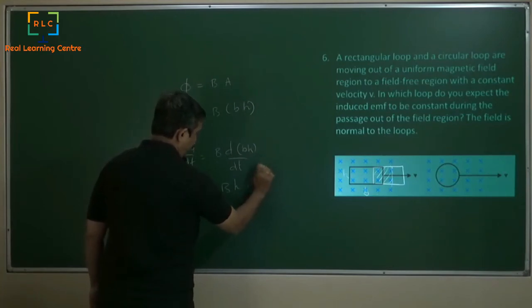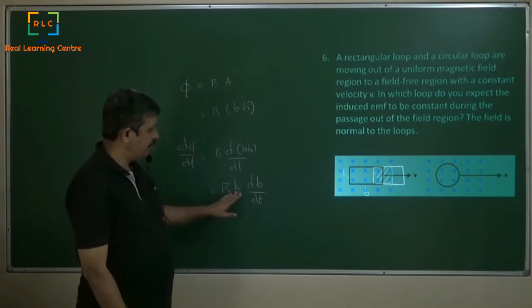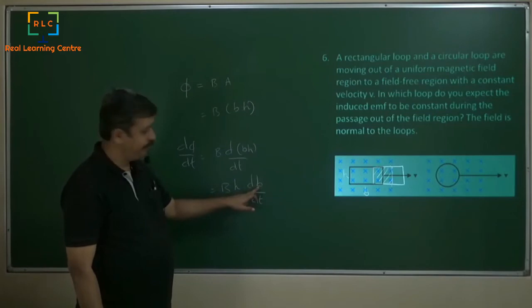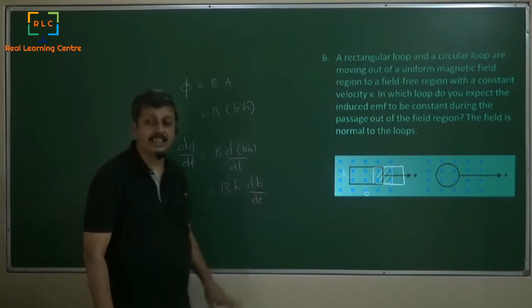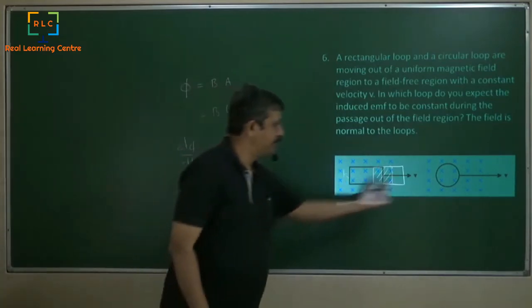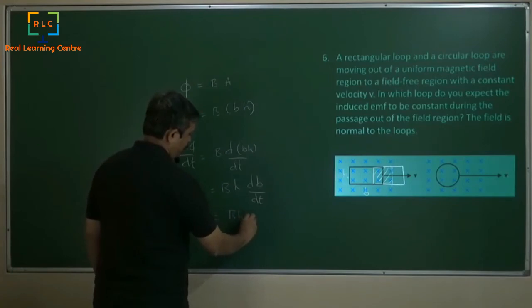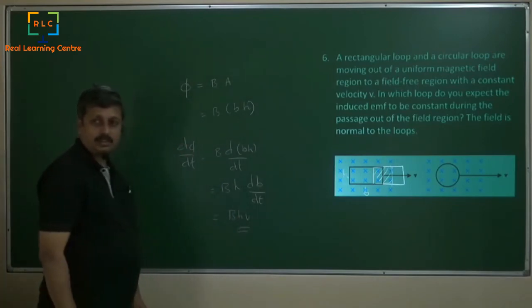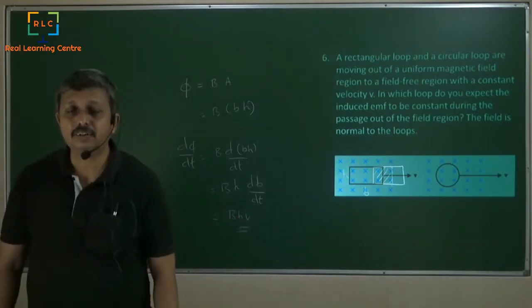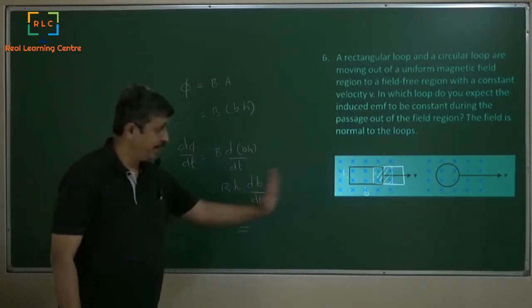Whatever is changing, only I am taking the derivative of that. b and h are not changing, only the breadth is changing. So this db by dt is nothing but the velocity, the speed with which it is moving. So that can be taken as velocity, so bhv... I mean h into v. So the induced EMF is this when it is going out.